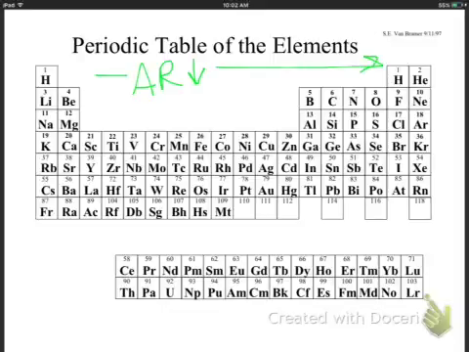So neon we would expect to be smaller than oxygen. Oxygen we would expect to be smaller than boron. Boron smaller than lithium. So this is the thing that a lot of people missed.